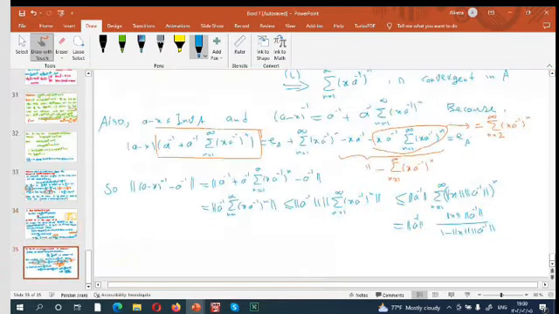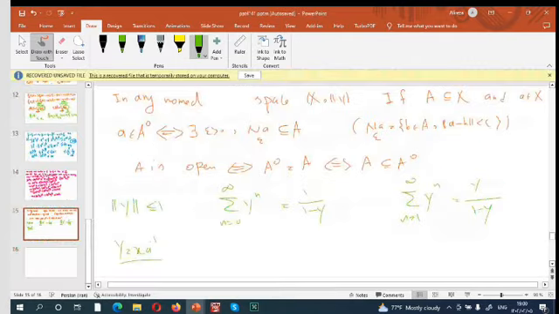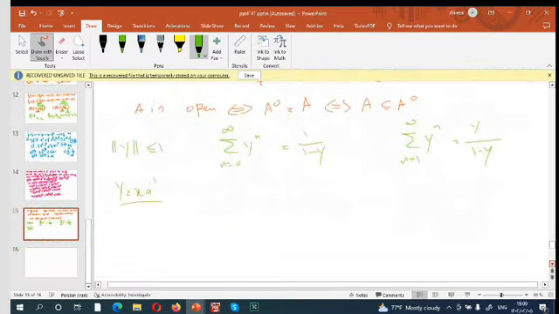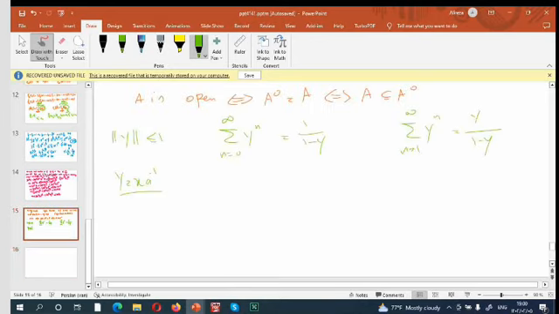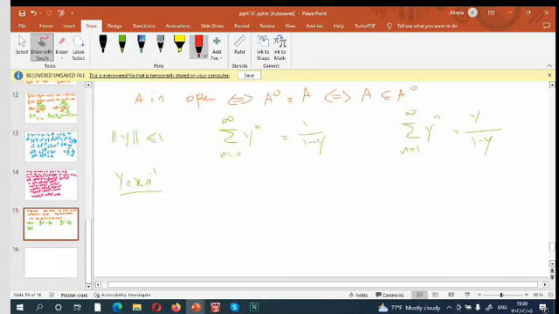This is our y, and for this we know that for any a and b in A we have these properties.